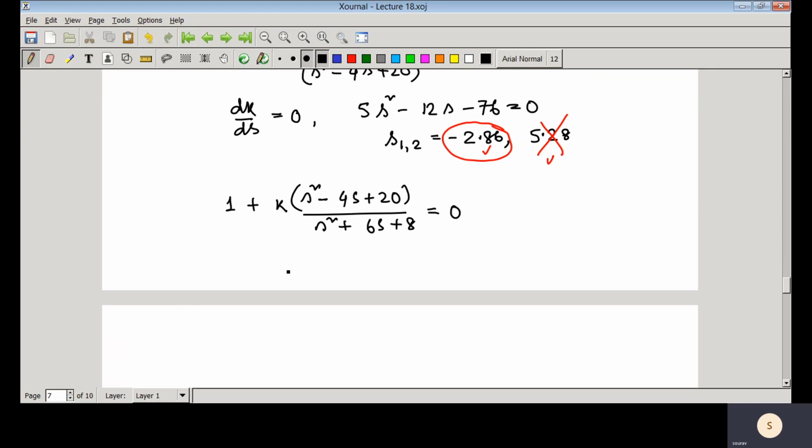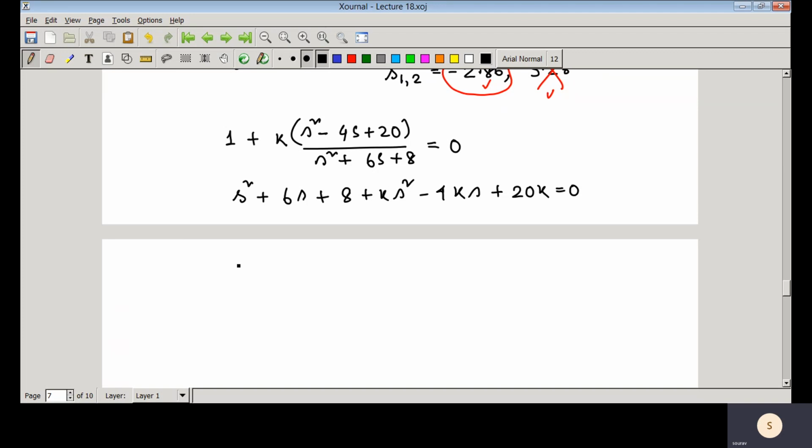So if you write that characteristic equation, you would have s square plus 6s plus 8 plus k s square minus 4ks plus 20k equal to 0. So now if you take the s square terms, that is (k plus 1) s square, then (6 minus 4k) s, plus 8 plus 20k equal to 0.